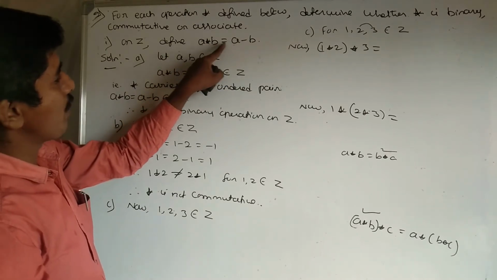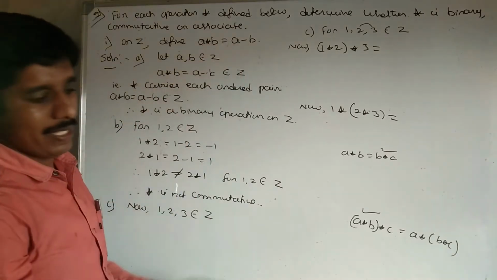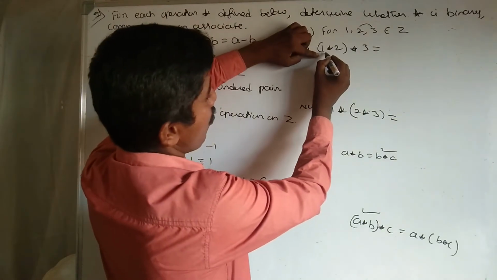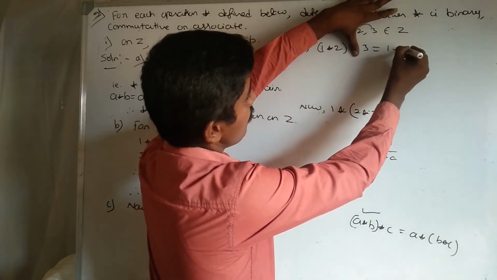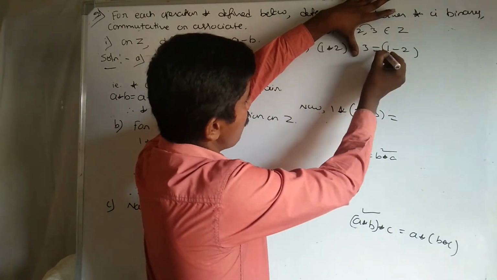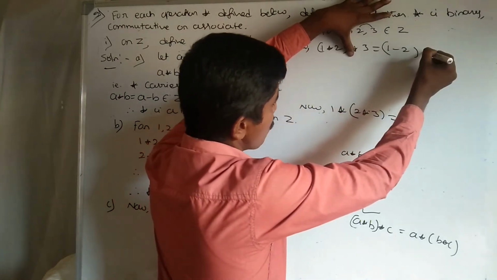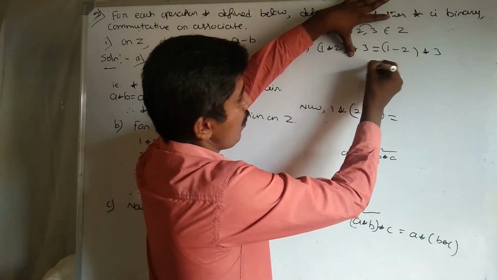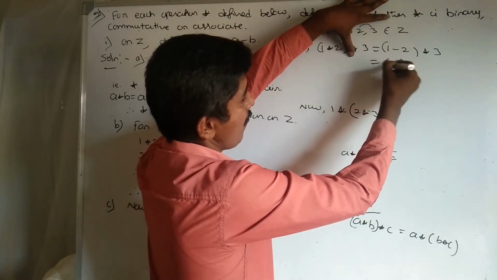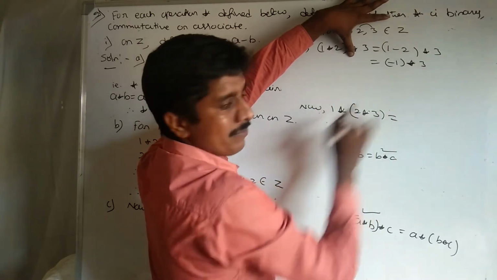First, within the bracket, 1 star 2 is 1 minus 2, which is minus 1, and then star 3 as it is.